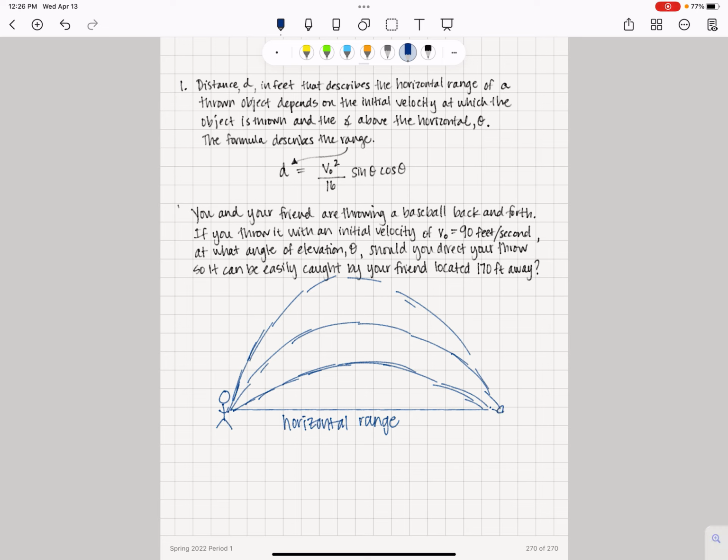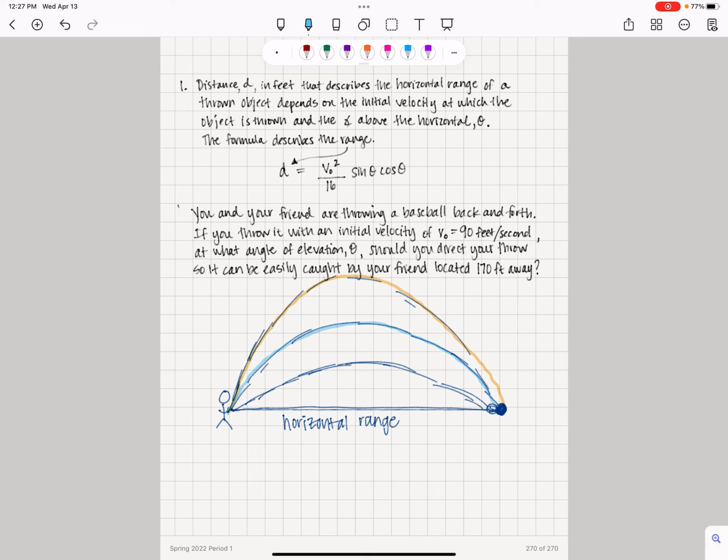And you know that if you want it to go the furthest, if you want to make it this far, and you throw it up in the air really, really high, you're going to have to do it with an initial velocity that's pretty high so that it still makes the distance, versus this angle right here that you're throwing the ball.